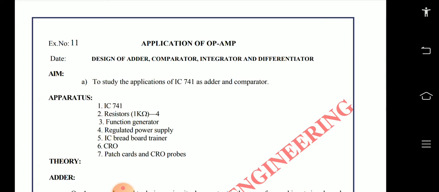That is IC 741, the op-amp, which performs the addition and comparison of two inputs. And resistors, here I am taking 1 kilo ohm, 4 numbers, and a function generator and RPS. These two are used to give the input for the circuit.